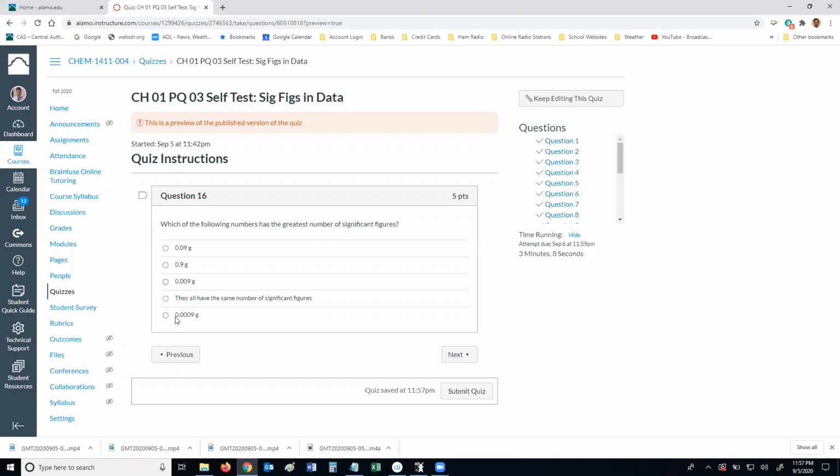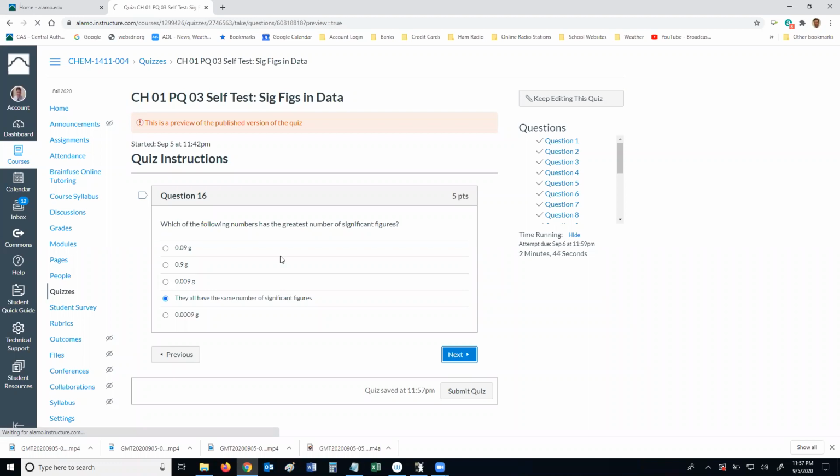That last one, 0.0009. So all of these numbers have only one significant figure. So there's not one with a greatest number. They all have the same number of significant figures. They have one significant figure.